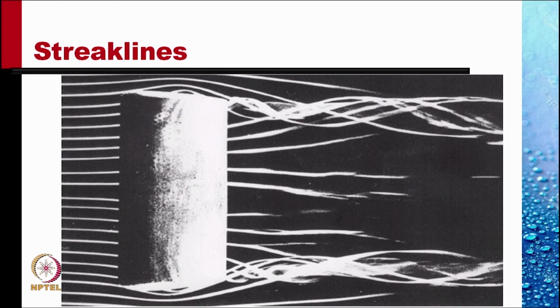This model of the aerofoil is subject to a flow from the left to the right. At a number of points upstream, we inject smoke. And so each one of these lines on the left is a streak line.